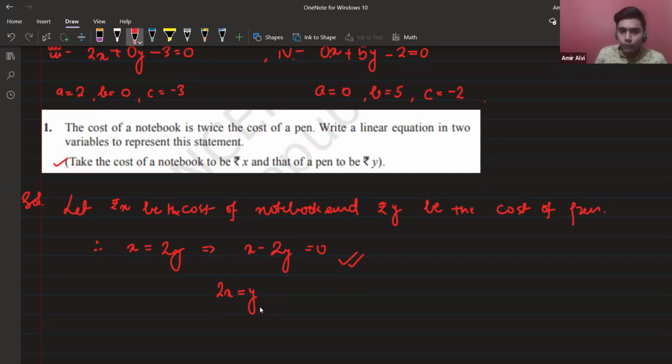If the value of the pen is 1 rupee, and this is 1 and this is also 1, why is this equal to 2? Is 2 equal to 1?